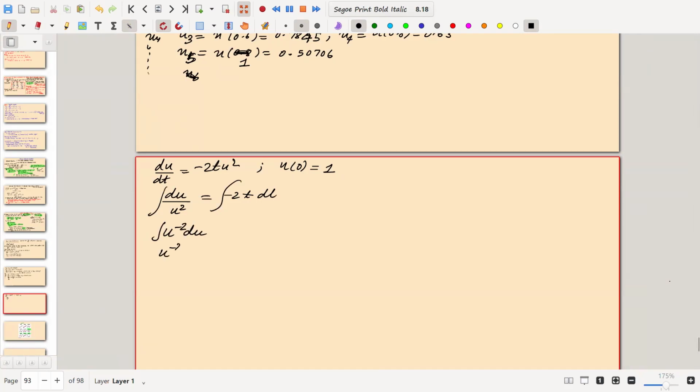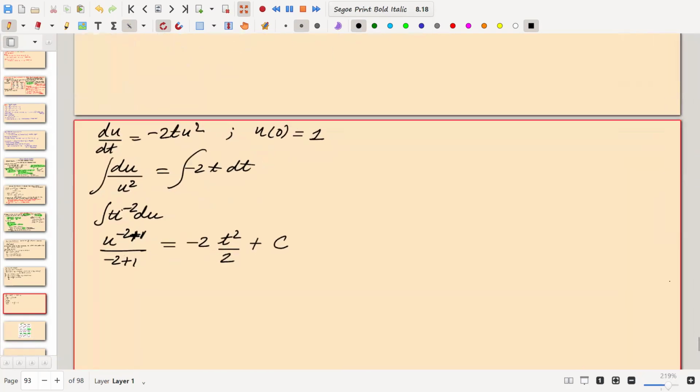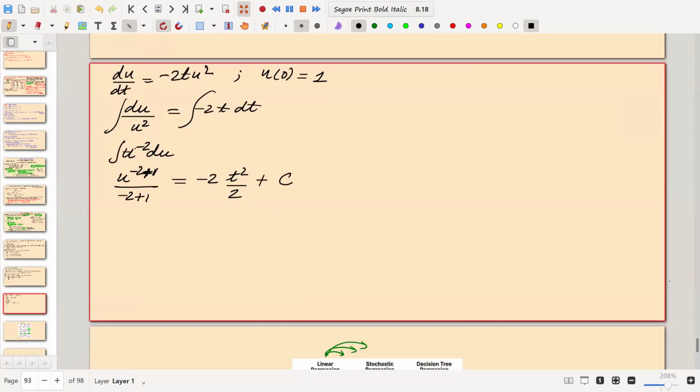That is u to the power minus 2 plus 1 divided by minus 2 plus 1 equals minus 2 times t square by 2, plus a constant c of integration. So u to the power minus 1 divided by minus 1 is equal to minus t square plus c. So u to the minus 1 is equal to t square plus some constant, because of the minus c.